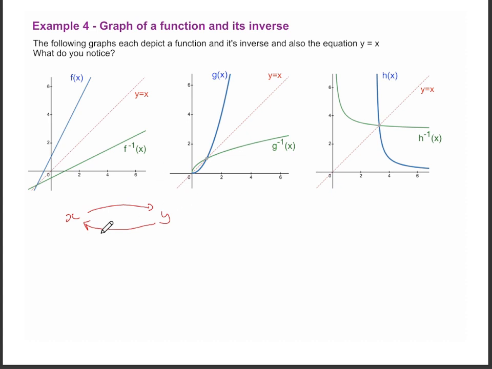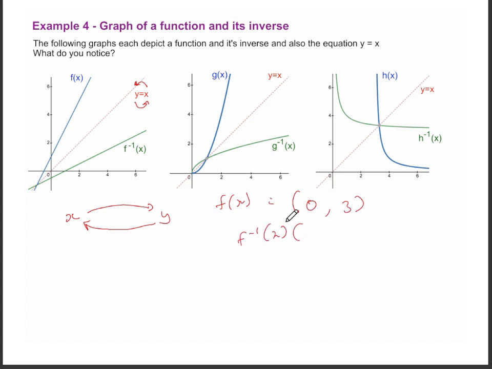So x and y are switching places, which is exactly what we do using this y equals x line. Y equals x meaning y becomes x and x becomes y. And so we have to reflect along the line, meaning if your original function had a coordinate of 0 and 3, what will happen for its inverse?